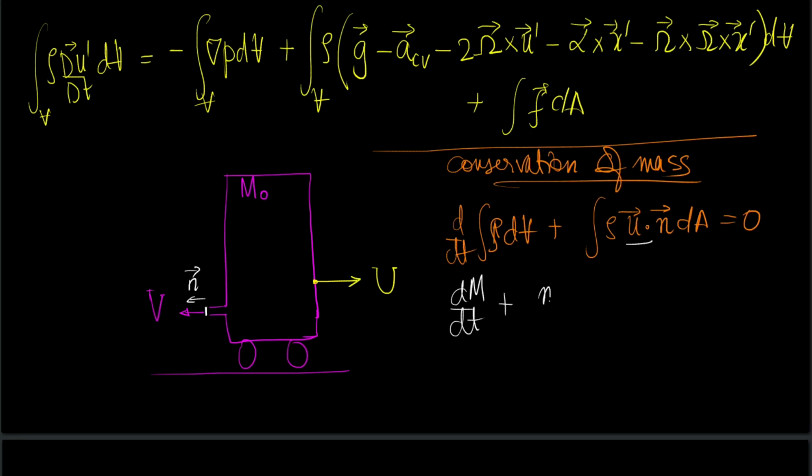So it will be m dot e, where m dot e is equal to density times velocity times the area of the exhaust. Alright, so this is m dot e equal to 0. So essentially dm/dt is equal to minus the rate of exhaust.